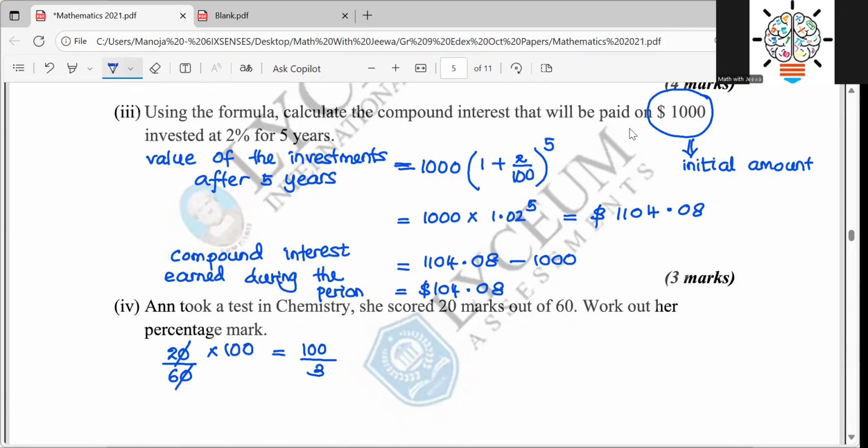We know this is 33 1/3%, but we don't give marks like this.